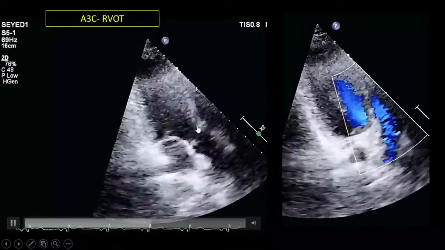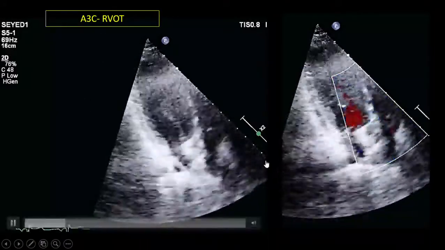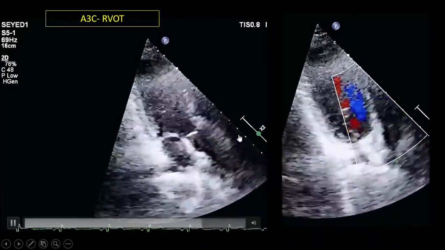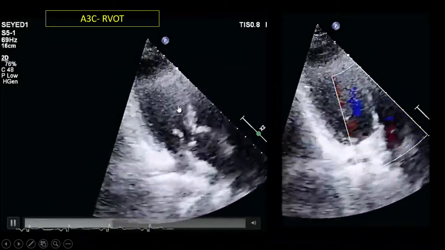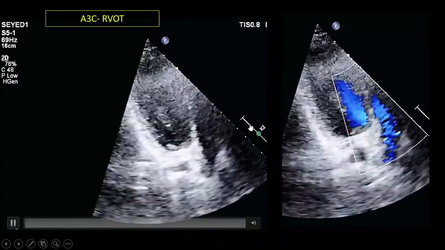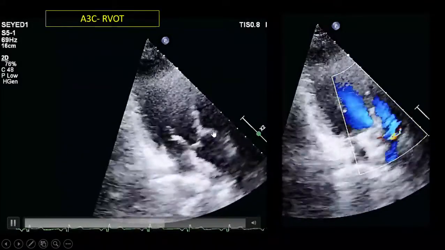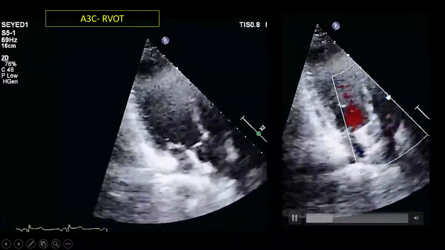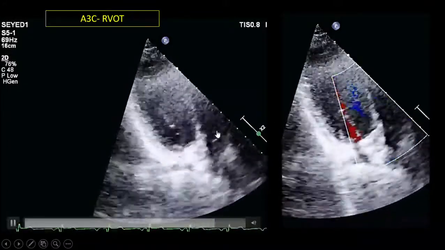And this is apical 3 RVOT. For getting this one, just from apical 3, fan slowly and gently to the right or lateral of the patient, and you will notice the RVOT and pulmonary valve show up here clearly.